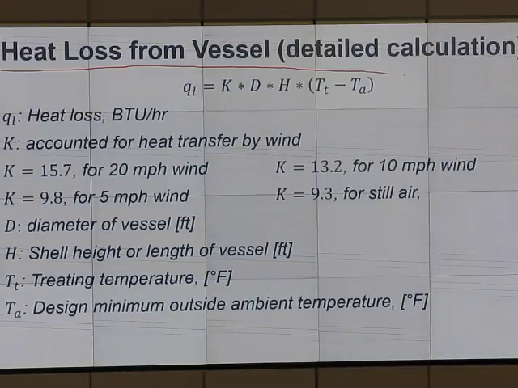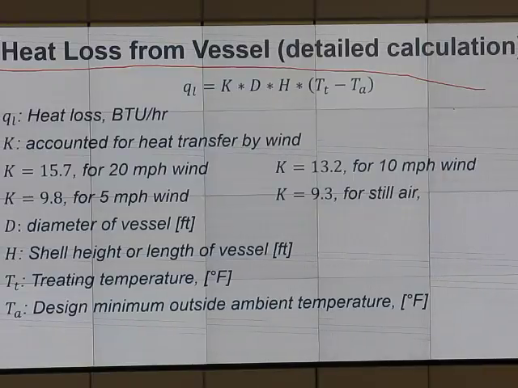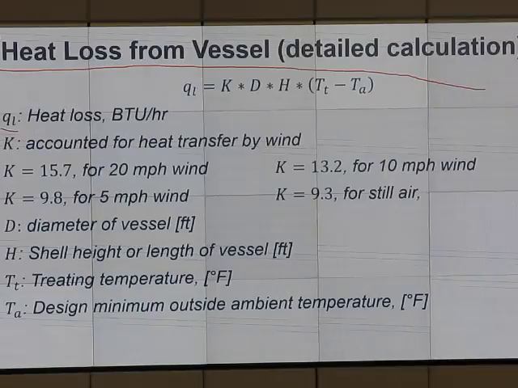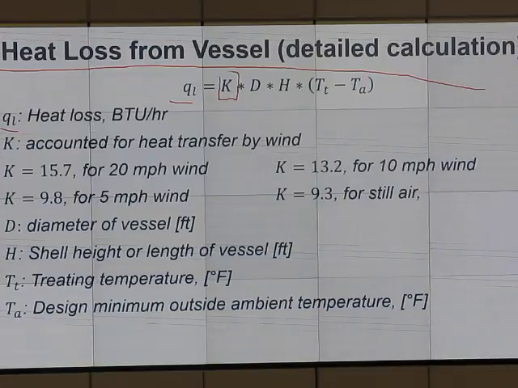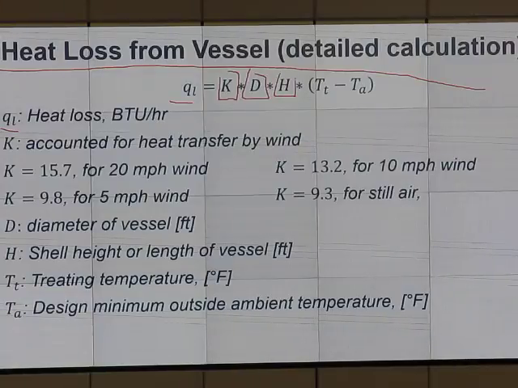Heat loss from vessel. When we heat something, we also have heat loss. Some heat will just go to the environment. This is the way we estimate it. QL, heat loss in BTU per hour, will be constant K multiplied by diameter in feet multiplied by shell height, or length of the vessel, multiplied by delta T, the treating temperature minus ambient temperature.